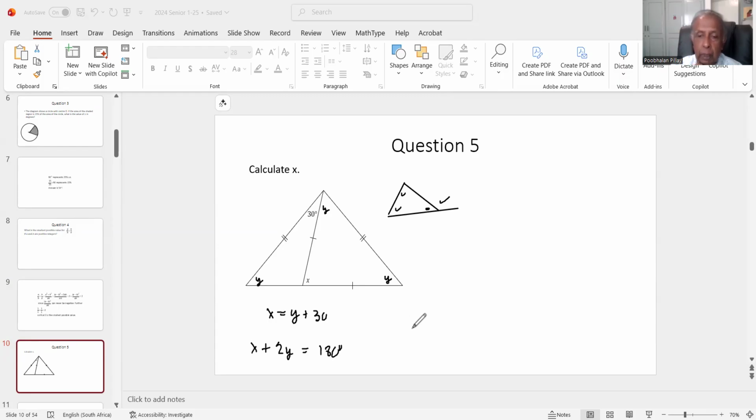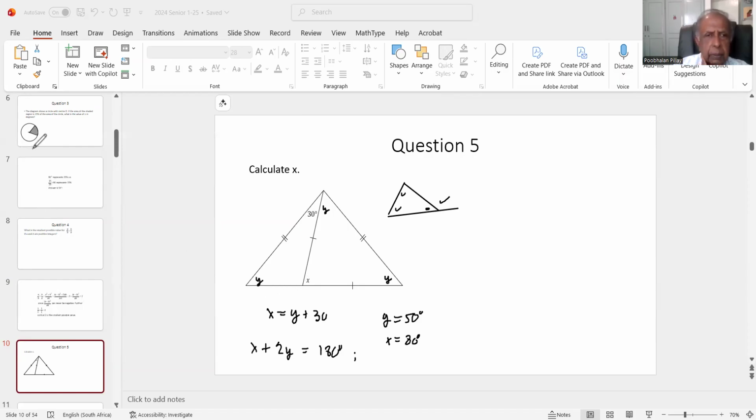Okay, so then you can put x equal to y plus 30, and when you solve this, you get y equals 50 and x equals 80 degrees. So the answer to the problem is x is 80 degrees.